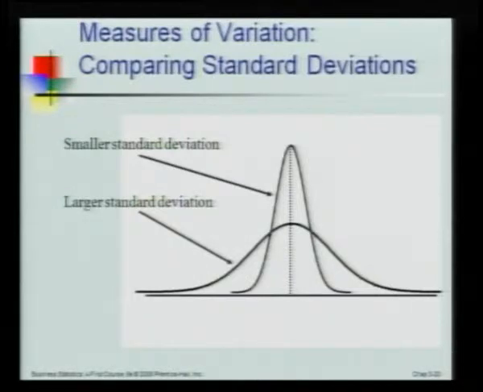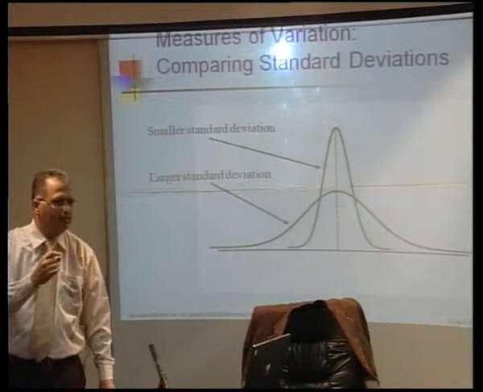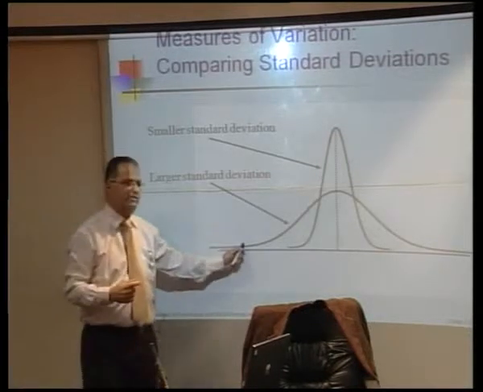This mean splits the data into 2 equal areas. The area to the right is the same as the area to the left. Now if you look at the mean or the center, this dashed line is the same for each one. So that means the means are equal for data A and data B. So the 2 graphs have the same mean.